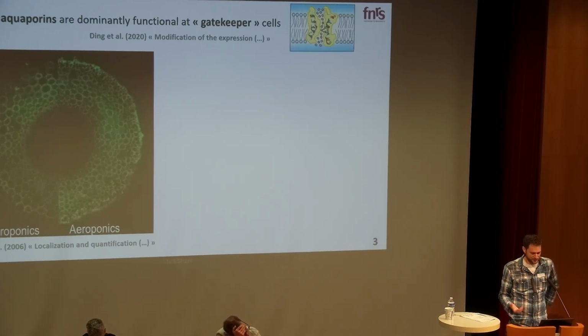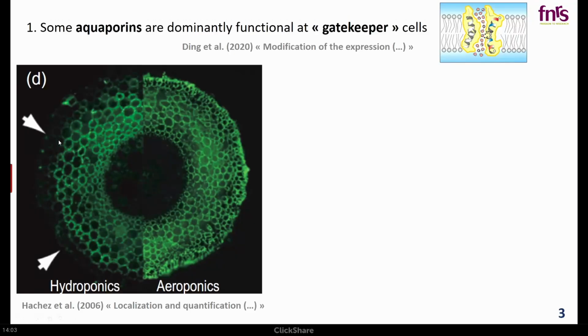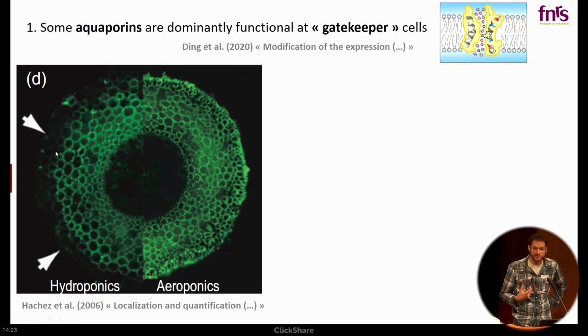And he also thought, well, maybe there's also something to gain if we were to force the expression of aquaporins in the last few layers on the hydroponics side. So you could imagine that if you were adding more aquaporins close to the root surface in hydroponics, then you would increase the radial conductivity of your root, and so maybe you can have access to more water in conditions where it's limiting.